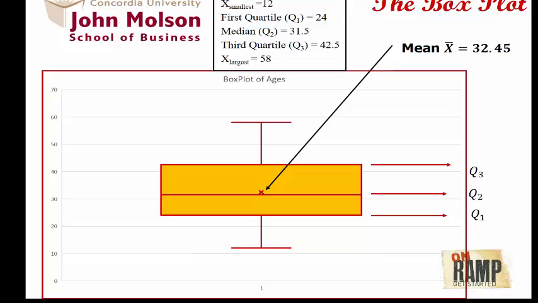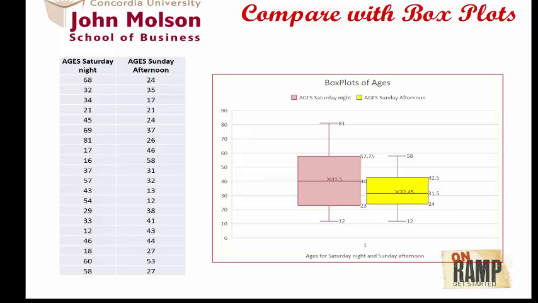The box plot is very useful when I want to compare distributions. So I have the age of people who saw the movie on Saturday night, and the age of people who saw the movie on Sunday afternoon. And this is the corresponding box plot for Saturday and the one for Sunday. What can be said about that? What is the first thing that we note?